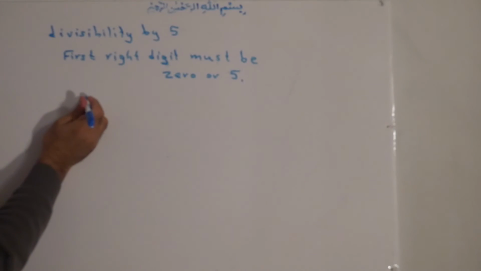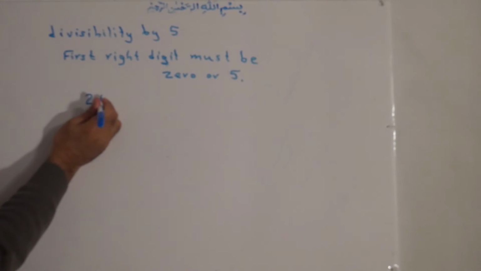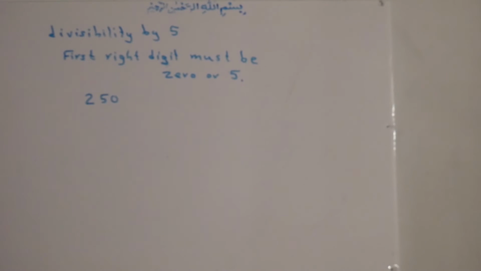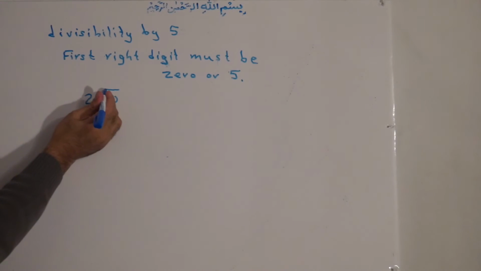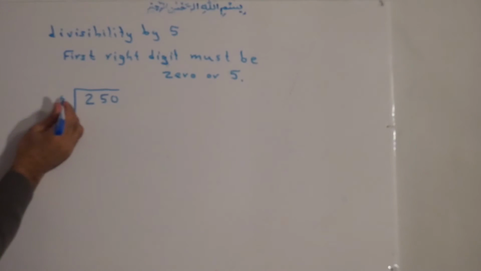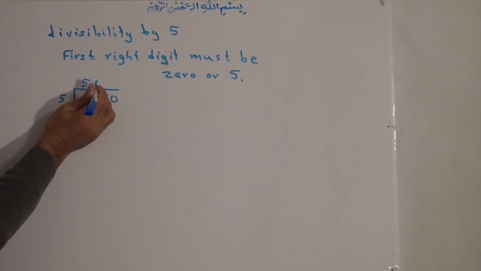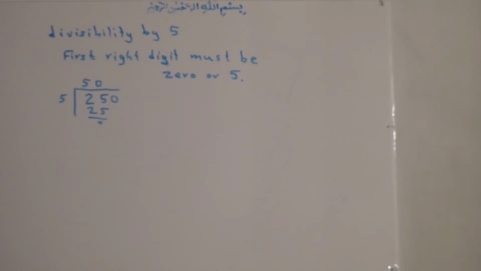Like 250. The first right digit is 0, so this is divisible by 5. We tested: 5 times 5 is 25, 0, and we carry that 0 up here.